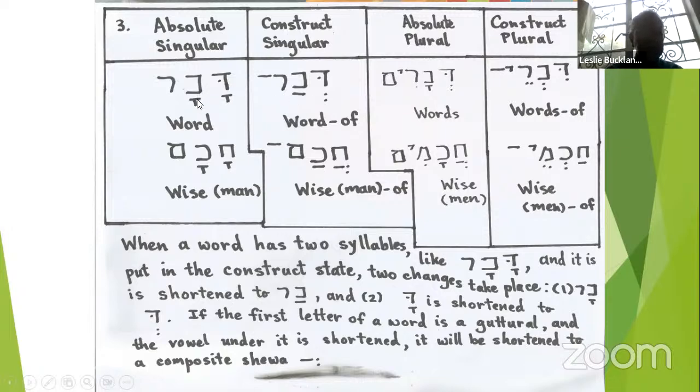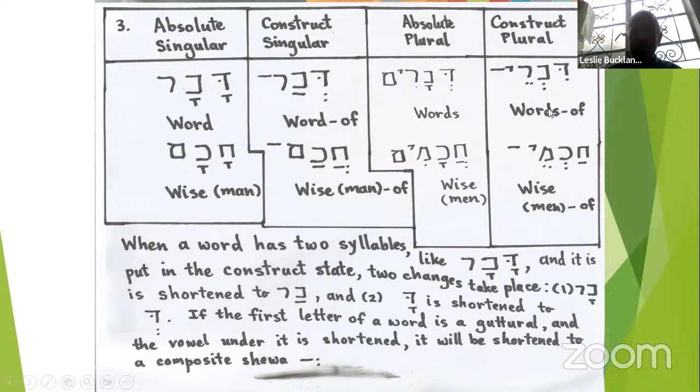And the other kames that was in the second syllable is changed to a corresponding short vowel. So the long ah changes to the short ah. And here you have the makif joining the word, the original noun, to another noun, which explains more about word. So it is word of. In the plural, in its absolute, this is masculine plural, you have devarim, words.